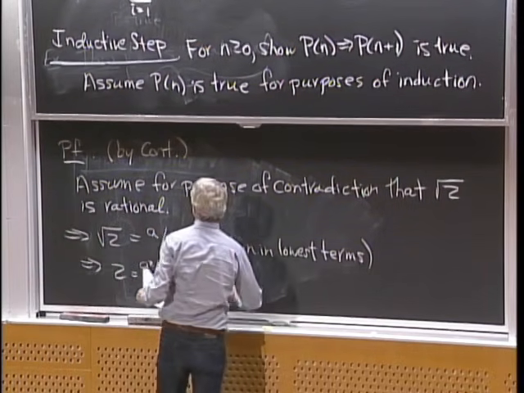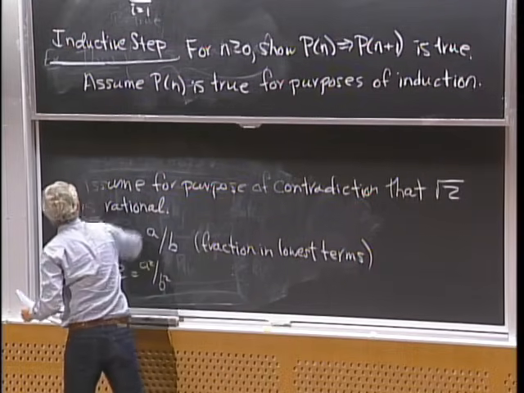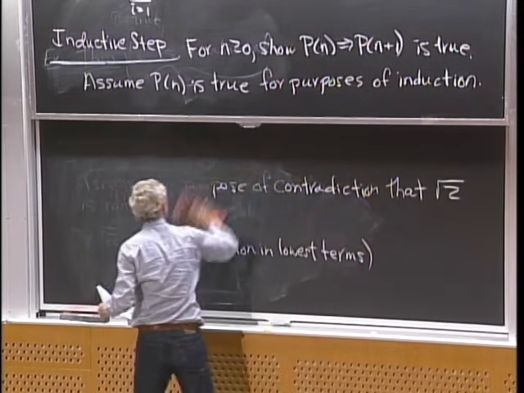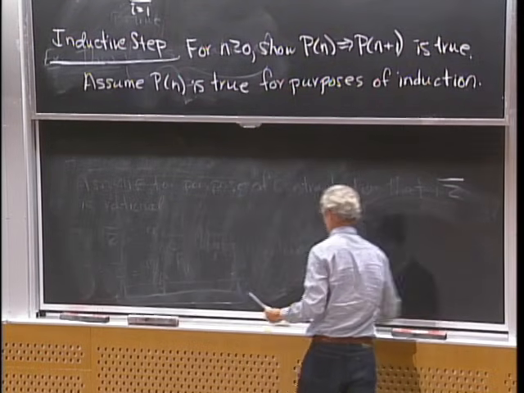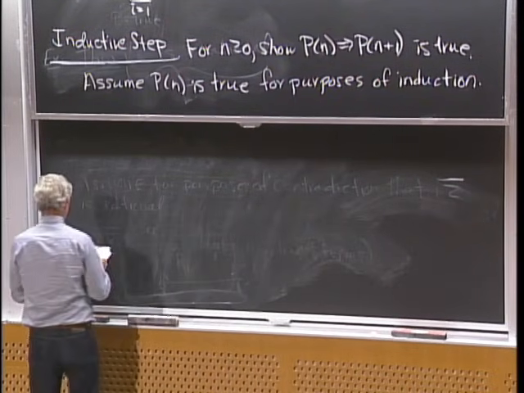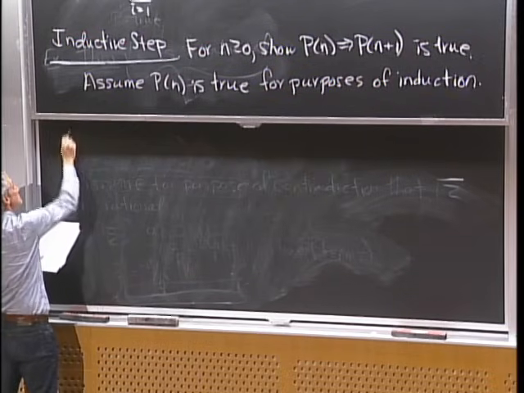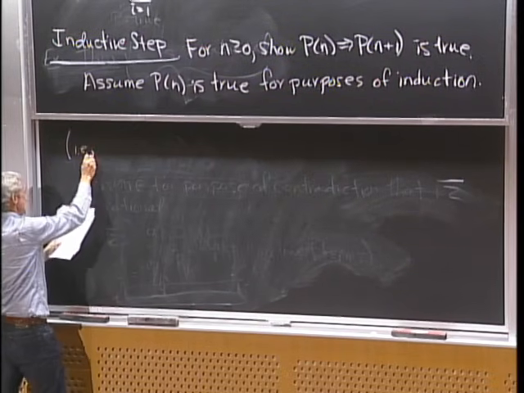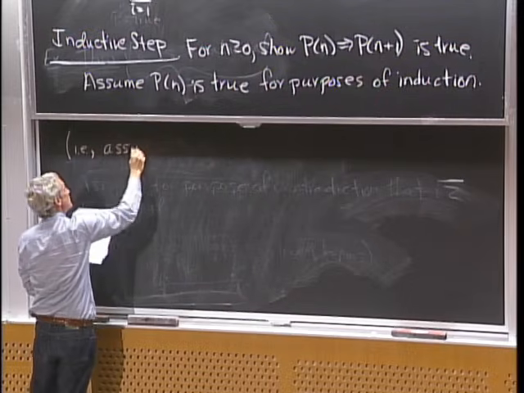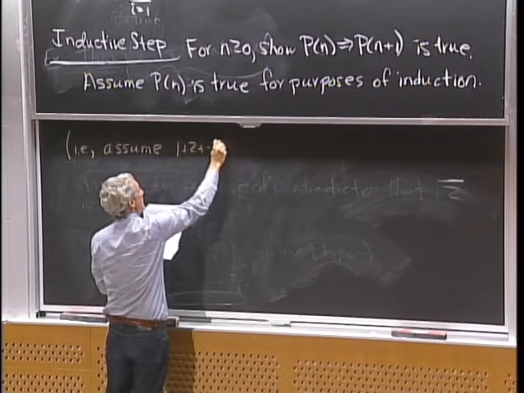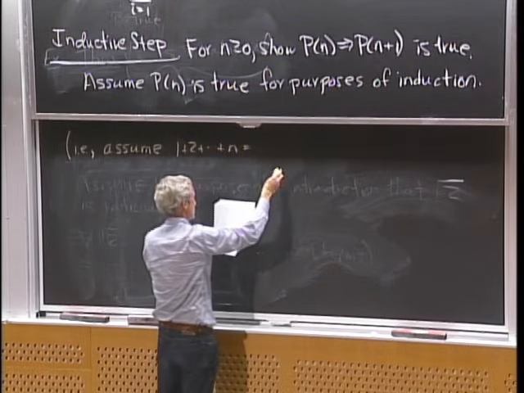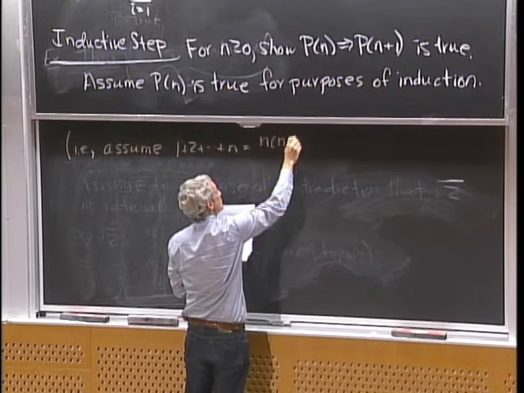So, in this case, i.e., we assume 1 plus 2 plus up to n equals n times n plus 1 over 2.